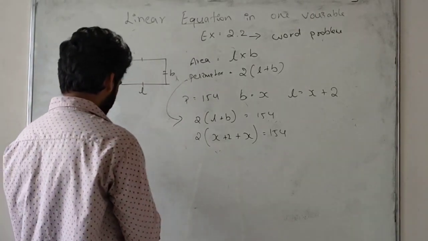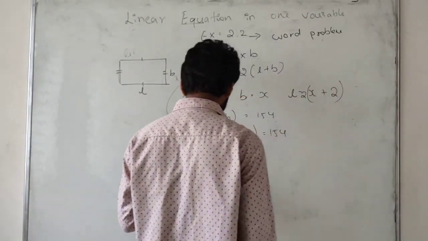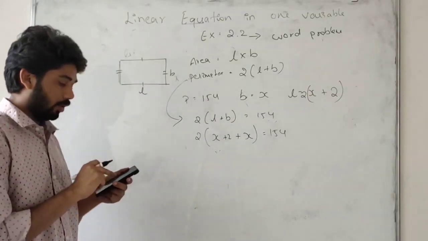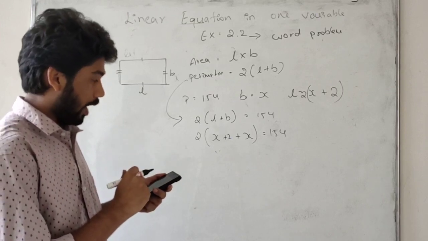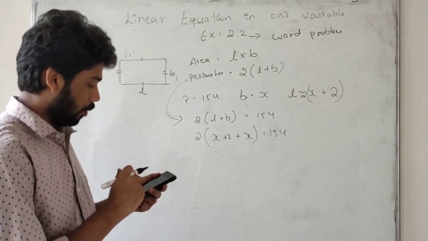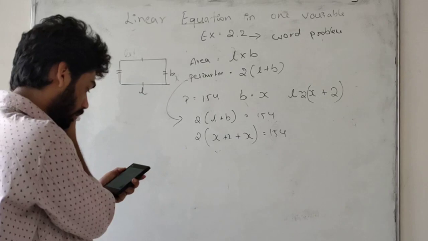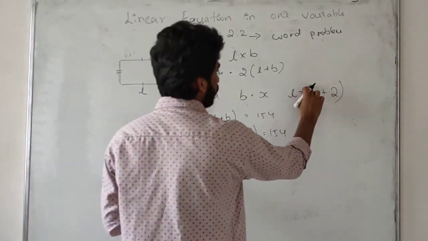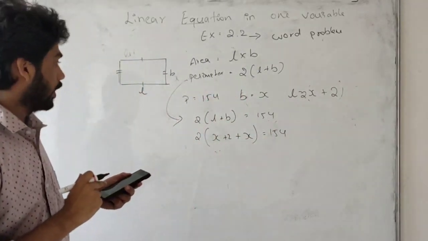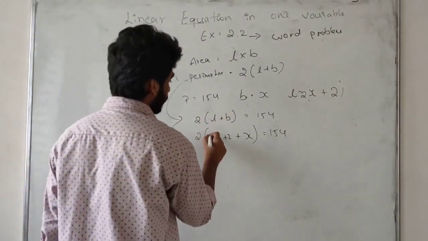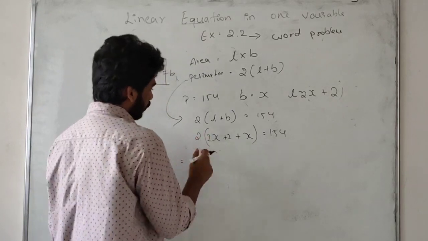One more thing, note it down, I forgot to write it: its length is 2 meters more than twice its breadth, so we multiply the breadth by 2. Twice its breadth means 2x. Now add it and cancel.